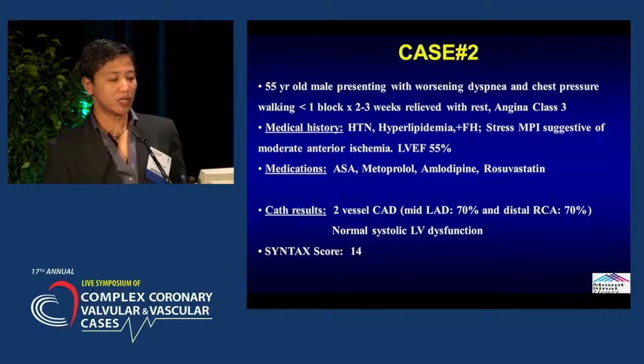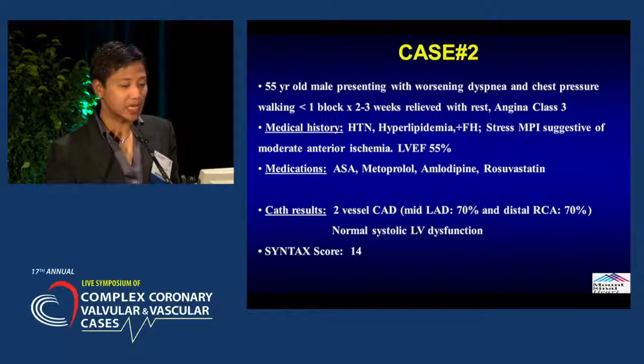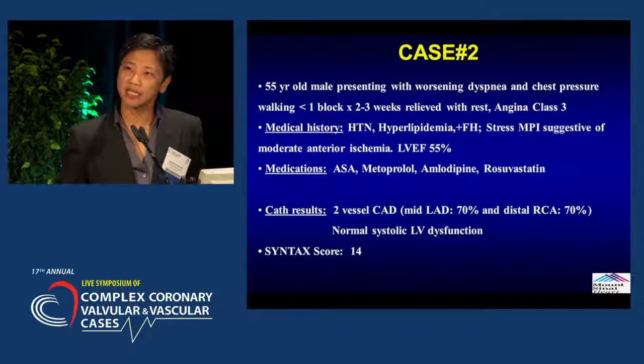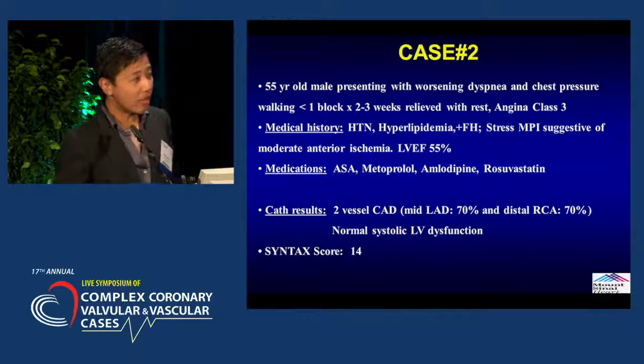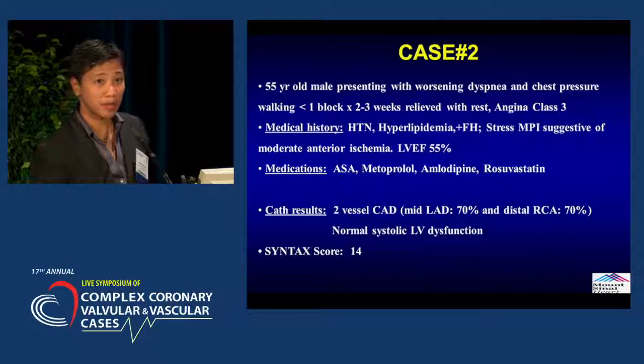A 55-year-old male presenting with worsening dyspnea and chest pressure, walking less than 1 block for the past couple of weeks. Angina class 3, hypertension, lipids, moderate anterior ischemia. So class 3, intermediate risk. Do we have anti-anginal medication? How many? Are we on maximal medical therapy?